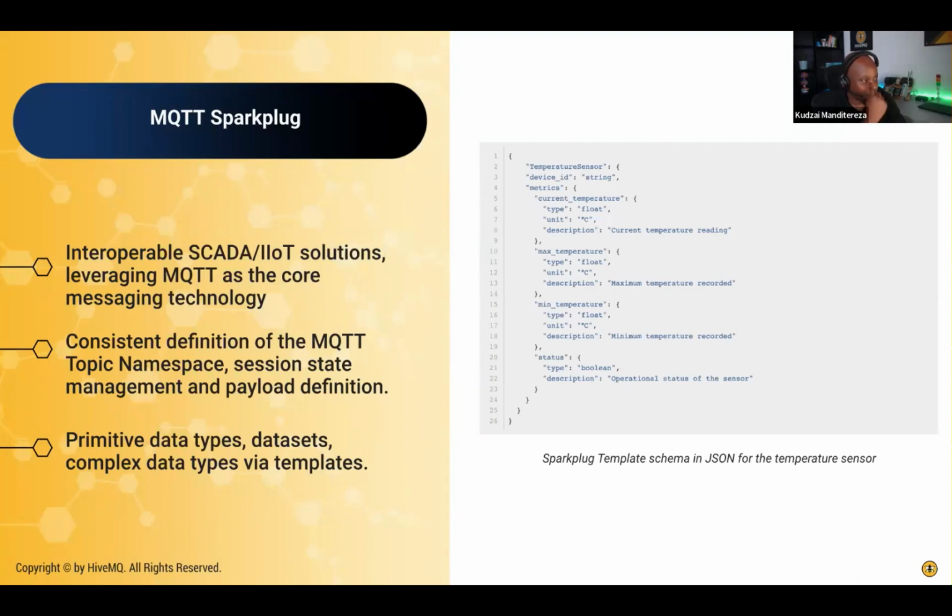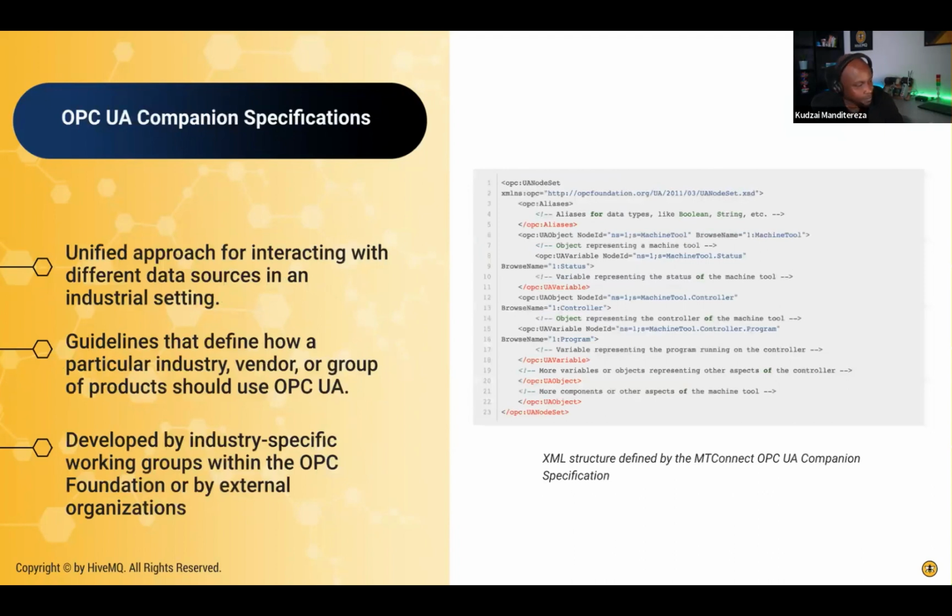So this is an example also of a temperature sensor that is being represented using a Sparkplug template. As you can see, you've got your properties represented there. And another option is using companion specifications from OPC UA. So this is a unified approach for integrating data that is coming from an OPC UA server.